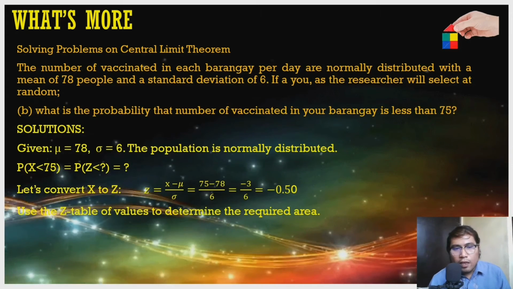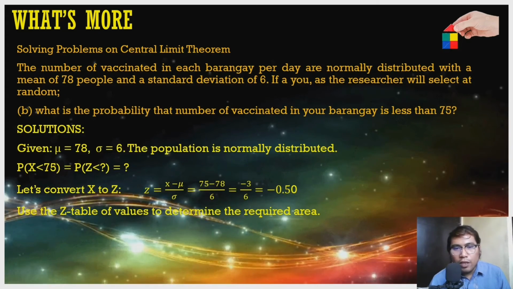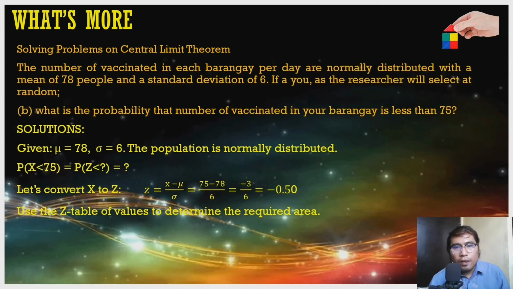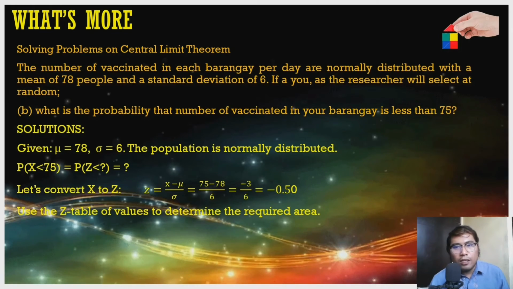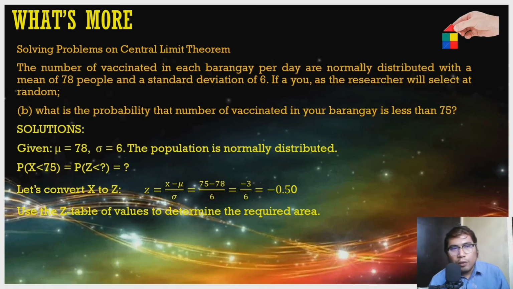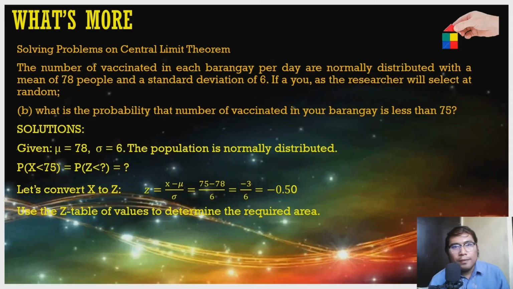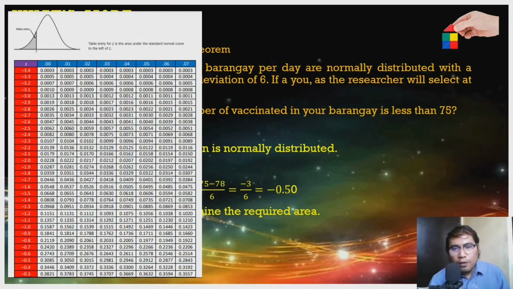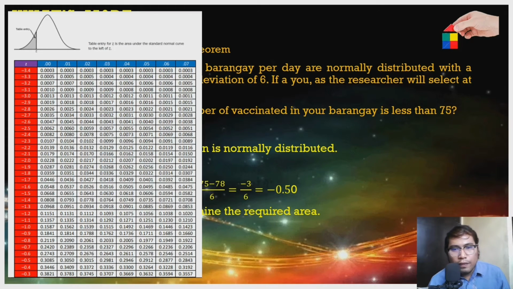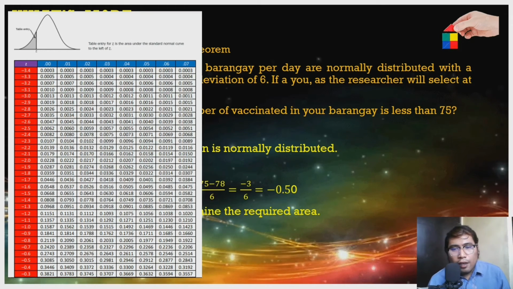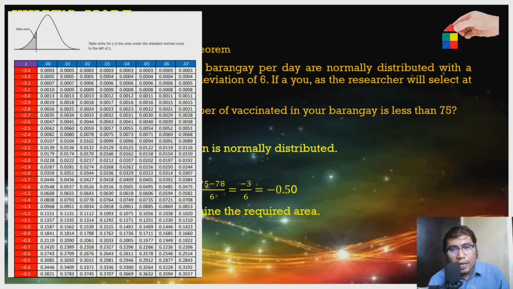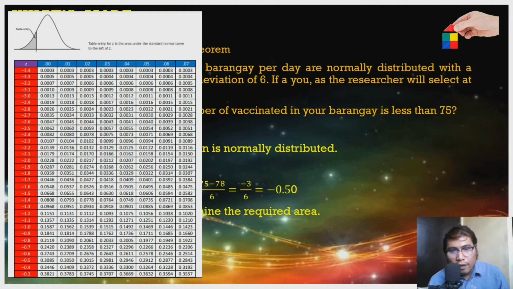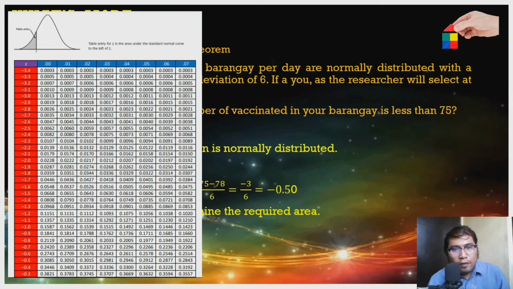By using the table of values, to determine the required area of the number of vaccinated less than 75, we're going to use again the table. Here in the table, we are going to look for the value of negative 0.50. The first whole number is negative 0, and the first decimal place is 5, so we have negative 0.5.